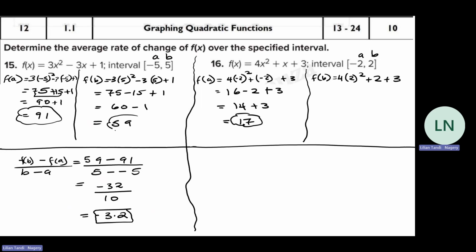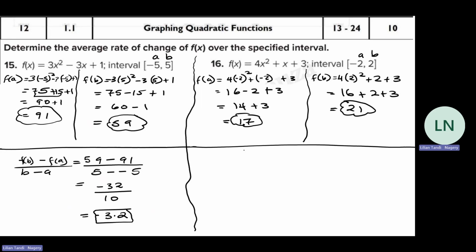Very important number. Okay. All right, here's the same thing. 16 plus 2 plus 3. Okay, and that will give you 18 plus 3, which should be 21. All right.